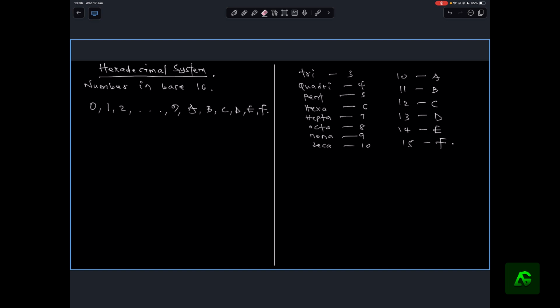So numbers in this system, they are 0, 1 down to F, meaning it ranges from 0 to 15. But we know that numbers from 10 down to 15 are represented with alphabetical letters. So that is A, B down to F.